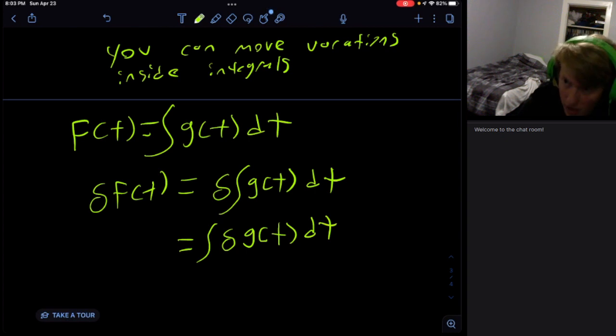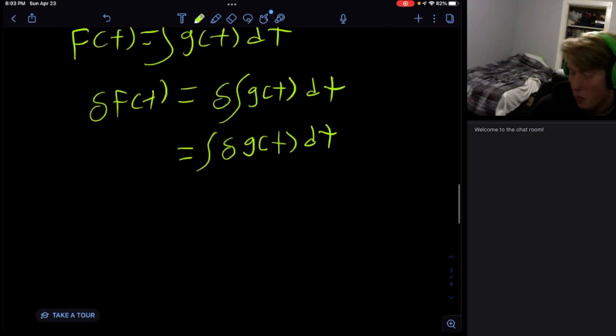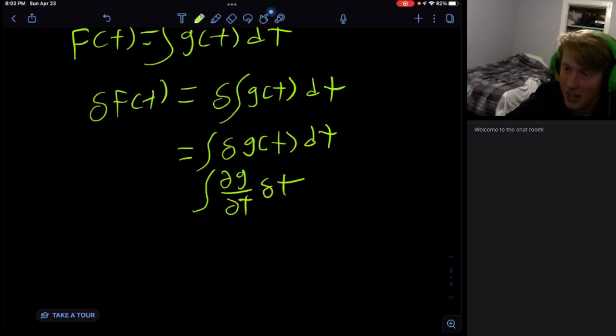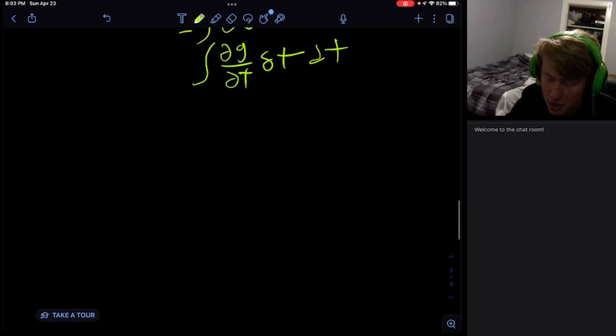So the variation of g of t, and then if we wanted to, we could go even deeper and say, how about the partial derivative of g with respect to t times the variation of t? We could do that too. But it's up to us to use our insight to decide when we stop. But let's go ahead and apply this to our example case here.